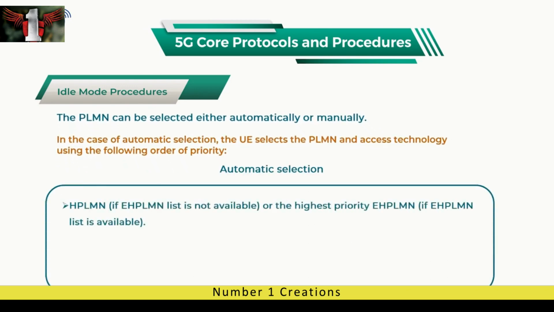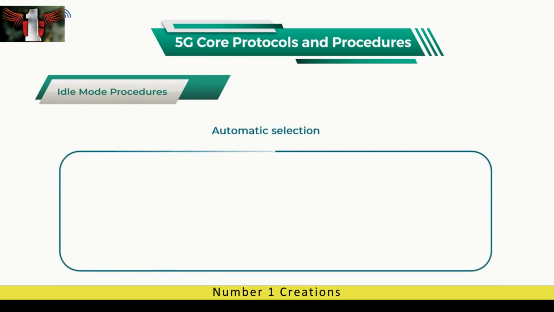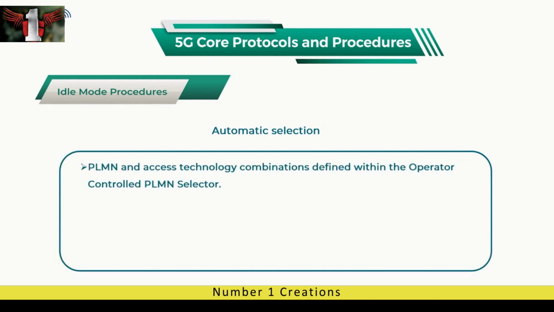First, HPLMN if the EHPLMN list is not available, or the highest priority EHPLMN if the EHPLMN list is available. Second, PLMN and access technology combinations defined within the user-controlled PLMN selector. Third, PLMN and access technology combinations defined within the operator controlled PLMN selector.